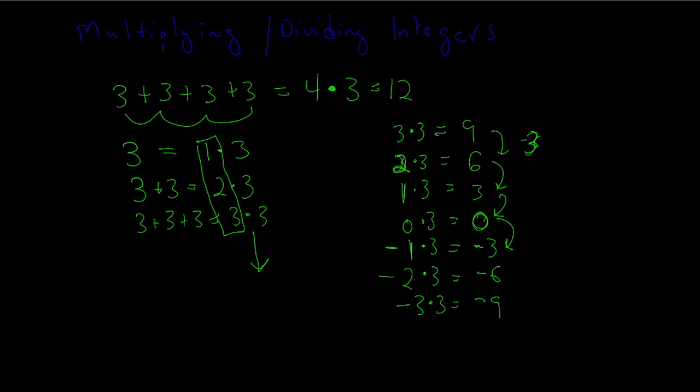Well, this also happens if we make the number that we're going to look with negative. So let's work on another set of numbers. 2 times negative 5. So I've come down twice, negative 5, so I'm at negative 10. 1 times negative 5 is negative 5.